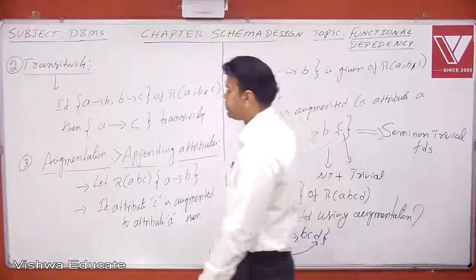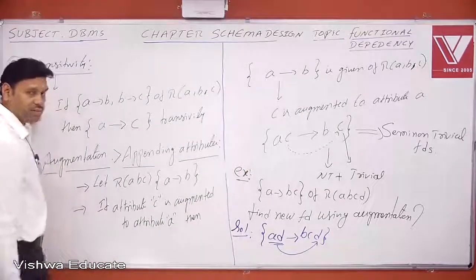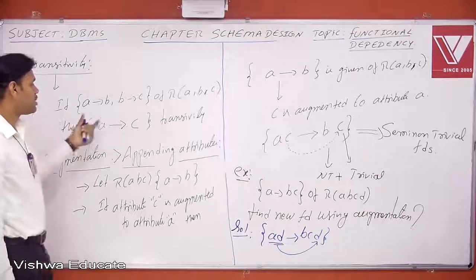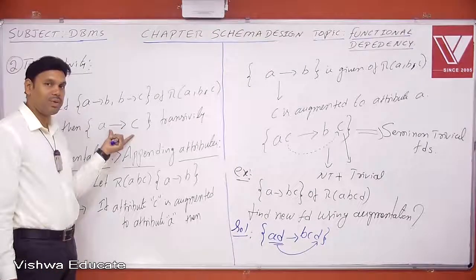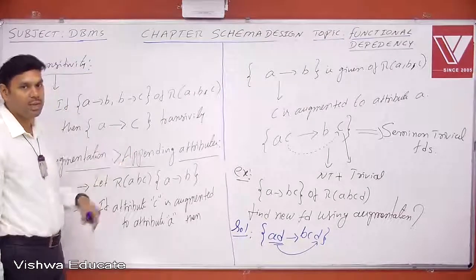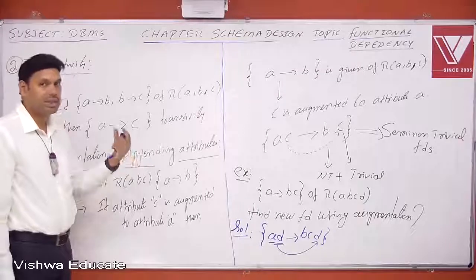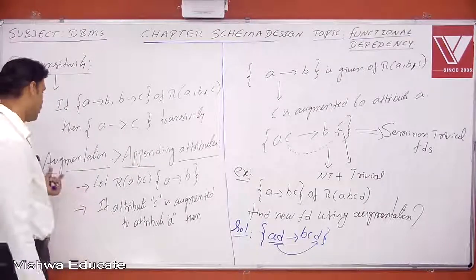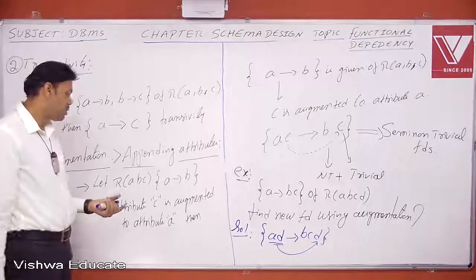Okay students, now you have to understand the meaning of transitivity. Transitivity is nothing but using a combination of two productions I could get another production. Automatically it will be satisfied. For example, X to Y and Y to Z, then X to Z will be satisfied. Another of the sound rules is augmentation.